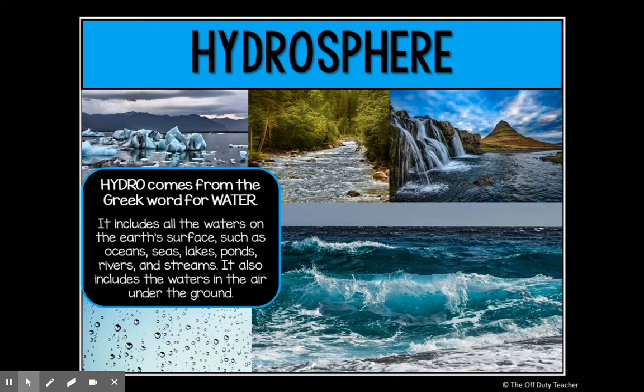Groundwater on Earth's surface in streams, lakes, rivers, and ponds is part of the hydrosphere. Freshwater can be frozen on Earth's surface in the form of glaciers, icebergs, and ice sheets. That water is part of the hydrosphere. Even moisture in the air is part of the hydrosphere.